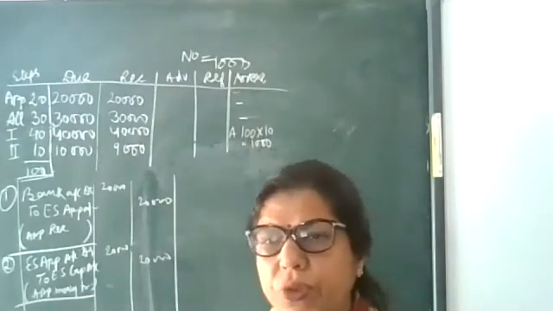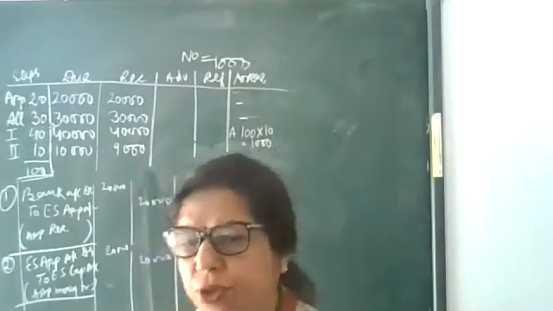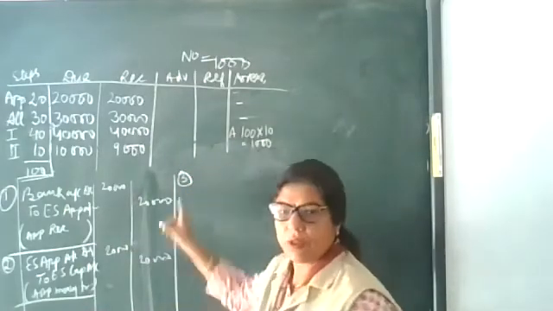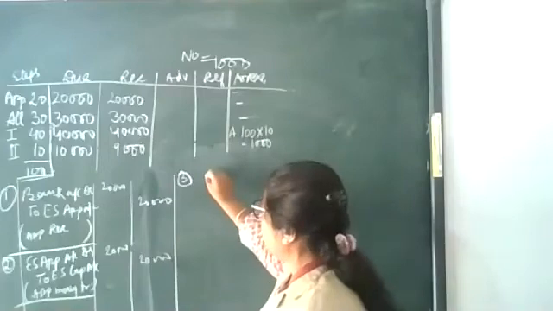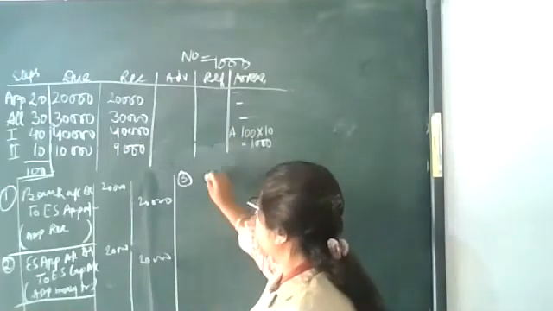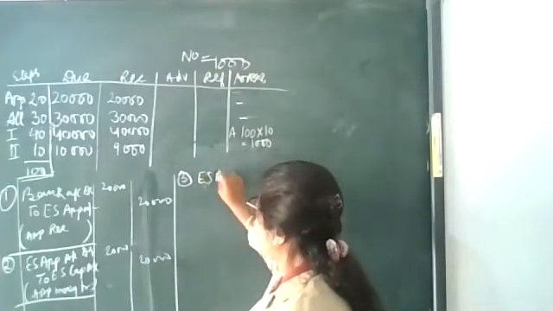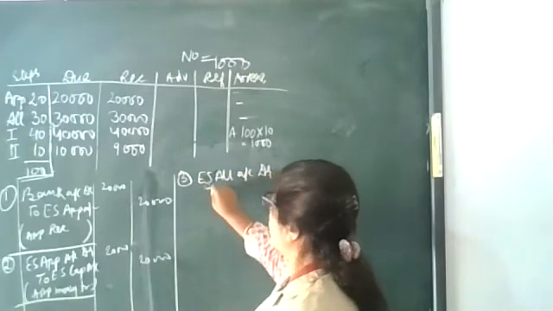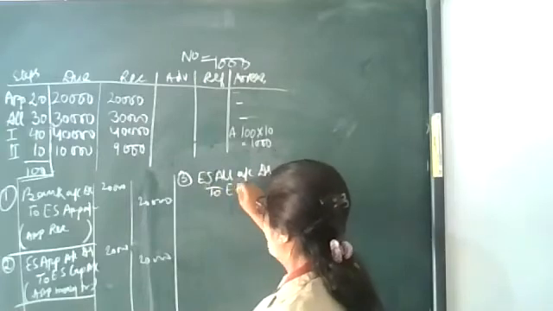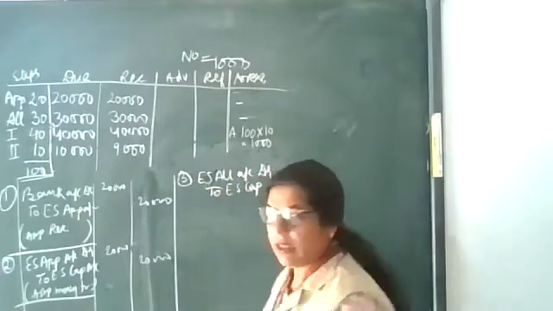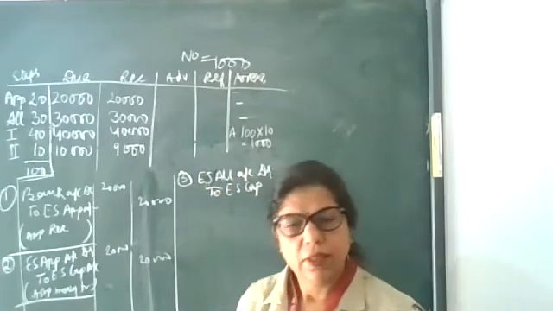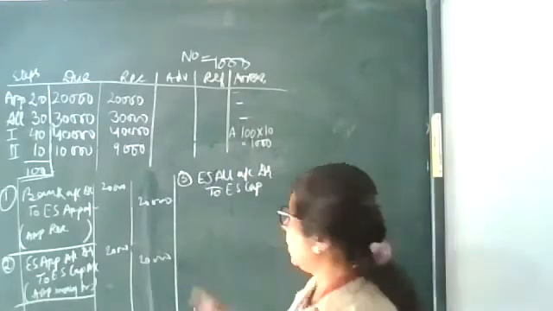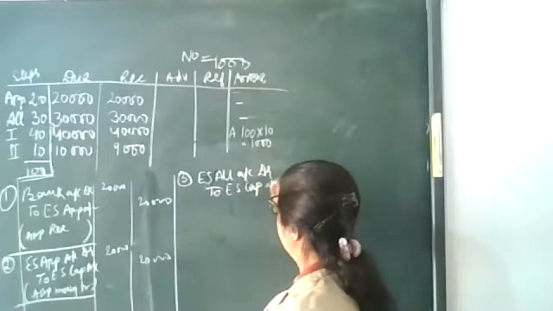Now what to do? Third and fourth entries. Third entry: ES allotment account debit to ES capital account.